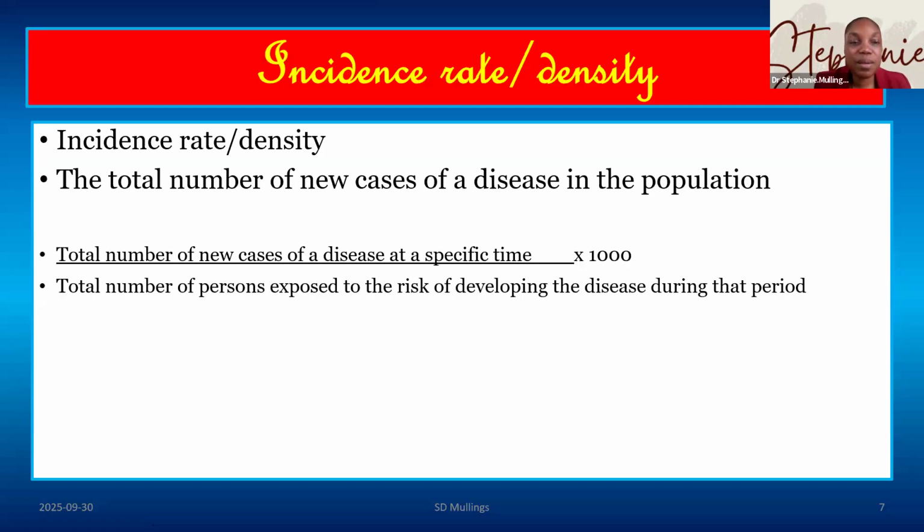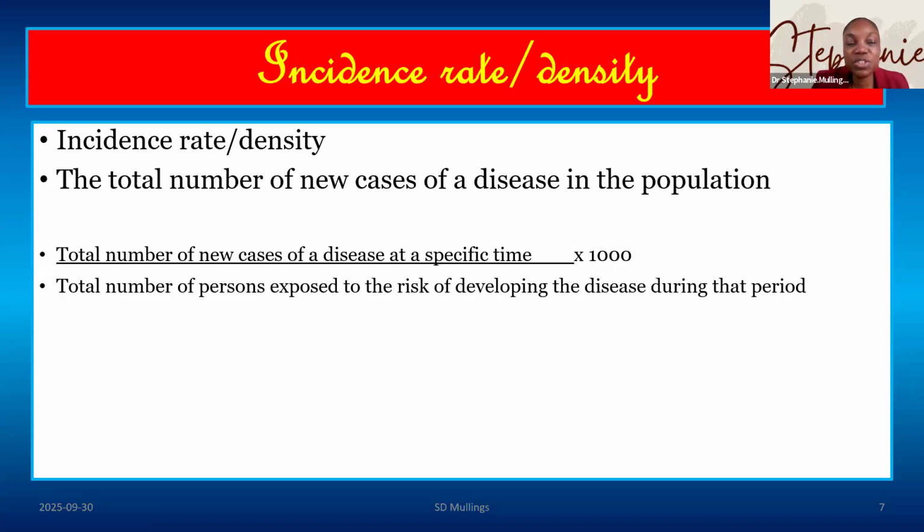Incidence rates, and by further explanation of that, it's the total number of new cases in a disease in a particular population. Note that when we speak to this, we are looking at a particular period of time. And why that is so is that after a while, you have a disease, you're no longer considered as an incident case, but now you would be in a different grouping, which would be known as the prevalence.